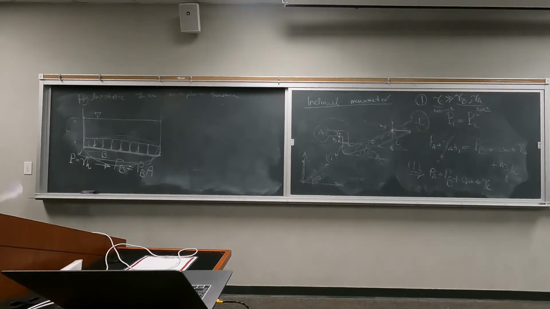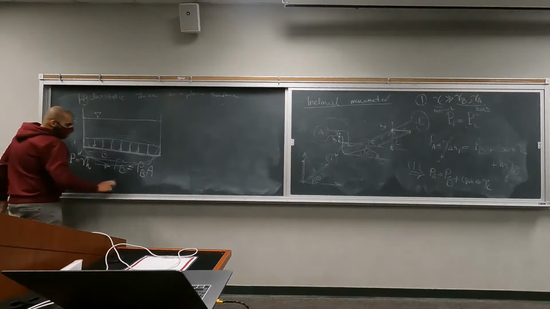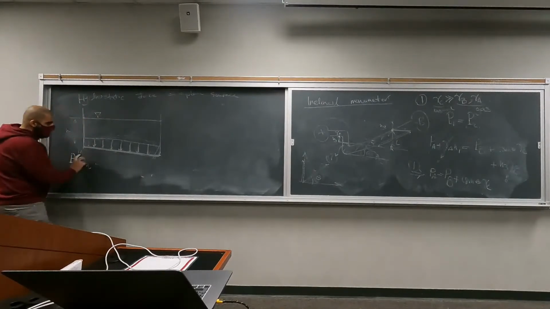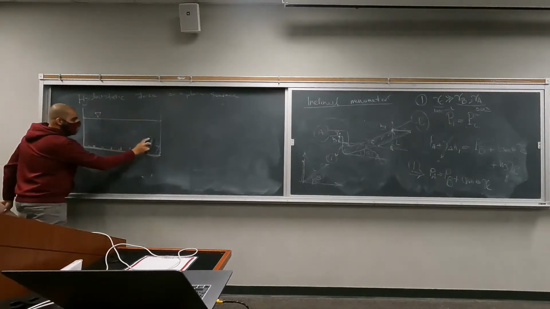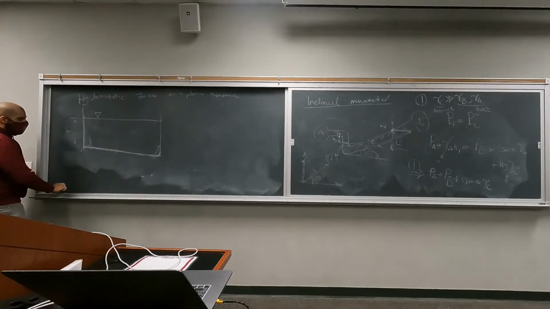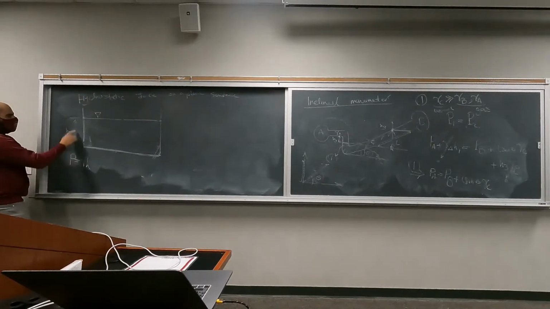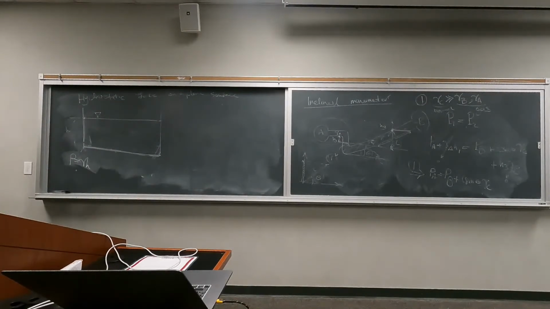Don't confuse the area. The area is the area that the pressure is perpendicular to. But what makes things a little more complicated is when you want to deal with the hydrostatic force on the walls. The idea is pressure is a function of height. As your height increases, this pressure increases. At the free surface, there is no pressure being exerted on the walls, right?